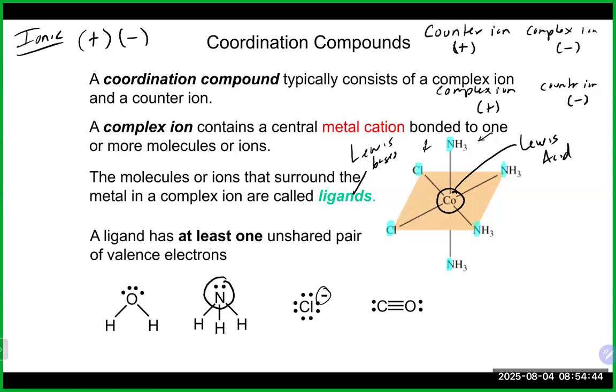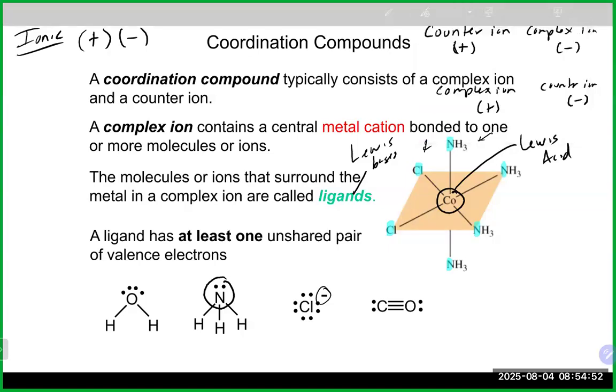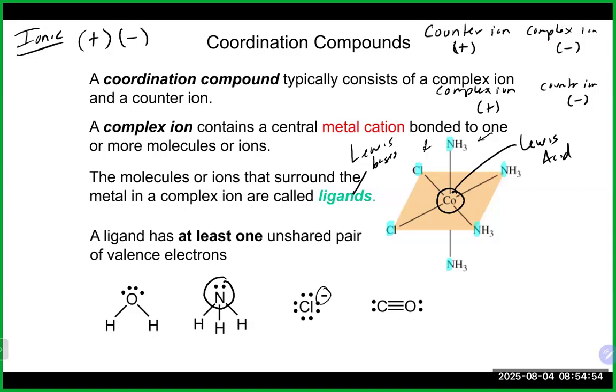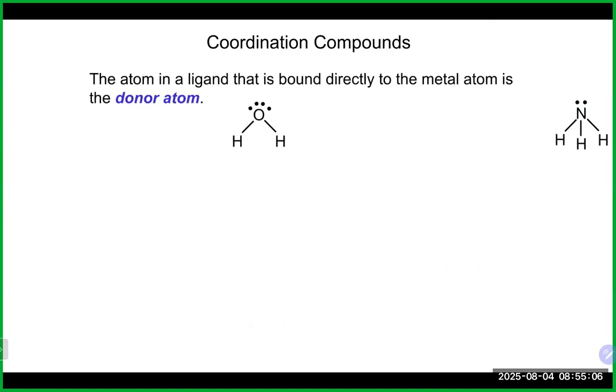So directly attached to the metal in this particular case are 6 atoms. The coordination number here would be 6, 2 for the chlorines and 4 for the nitrogens that are part of ammonia.